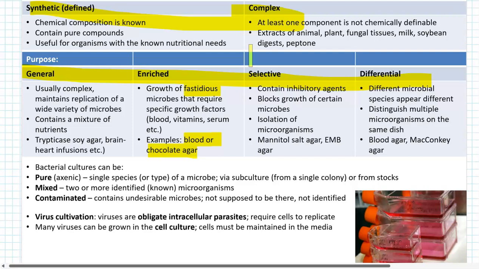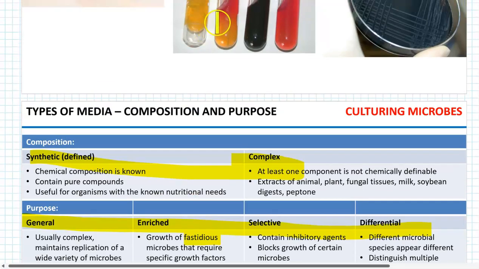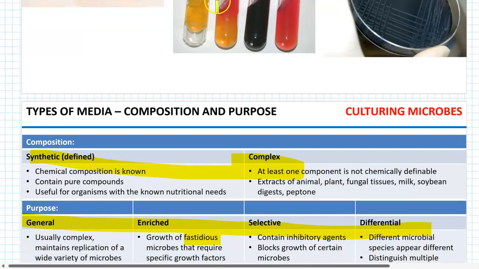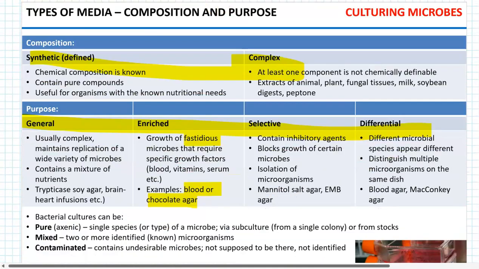So for the purpose, is that for the complex? All of them. Thank you for this question. I want you to understand that the classification based on the physical state, on the composition, and on the purpose can overlap. They are independent. And I was actually about to give you an example of a question.